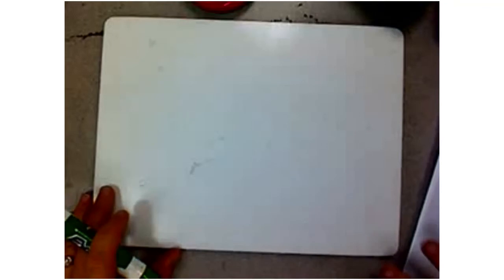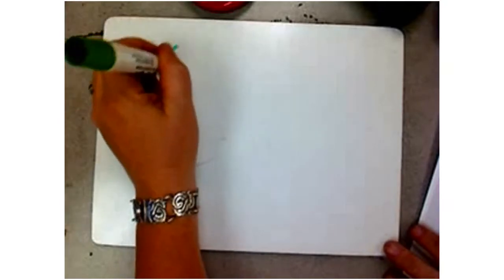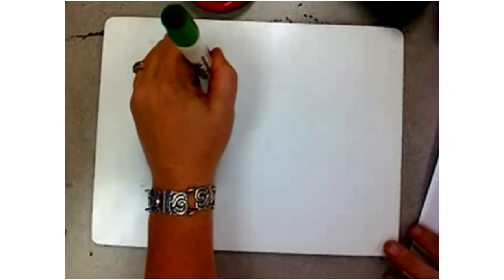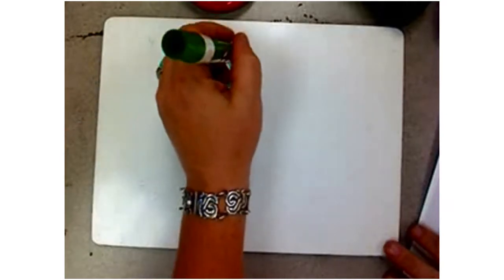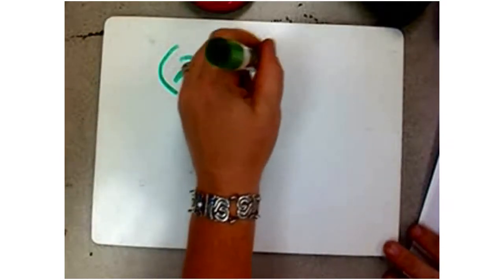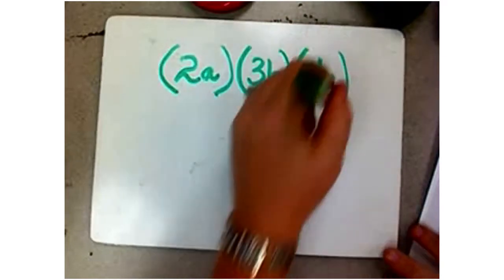That's all it reminds you of at the top of page 189. Then we do another example in the middle of page 189 where we simplify 3 terms that are being multiplied with each other: (2a)(3b)(4c).